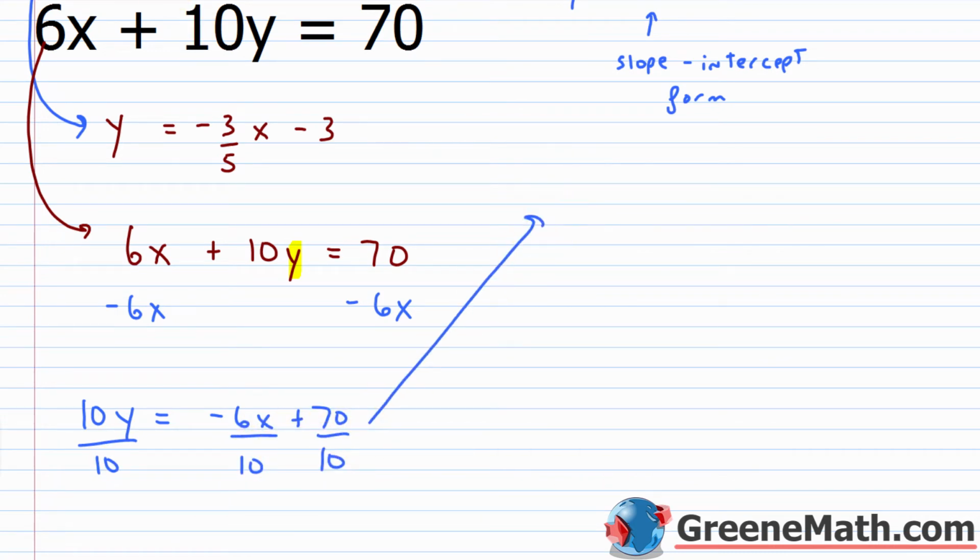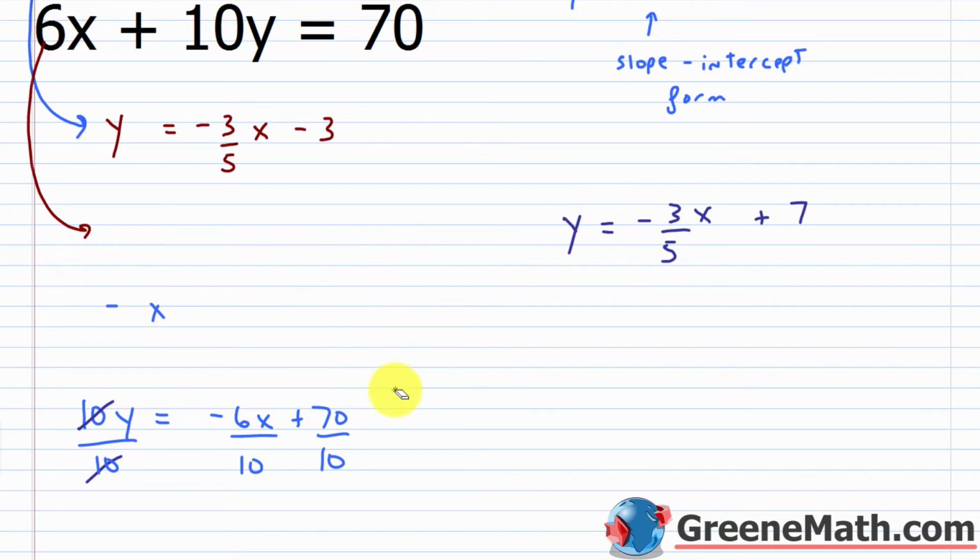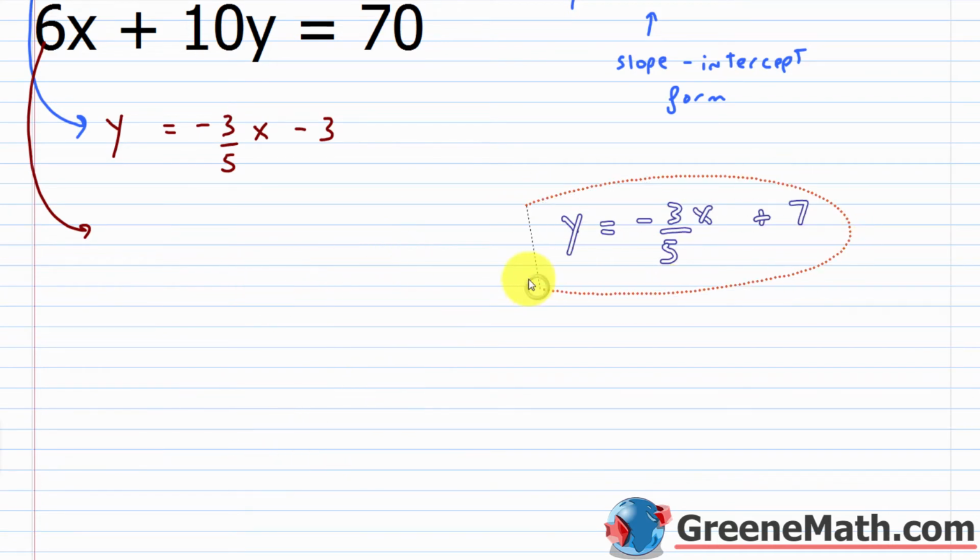So this cancels with this. y is by itself, and it's equal to negative 6 over 10. Well, we know that they're both divisible by 2. 6 divided by 2 is 3, 10 divided by 2 is 5. So this is negative 3/5 times x. Then plus 70 over 10, which is just 7. So let's erase this, and let me drag this over here now.